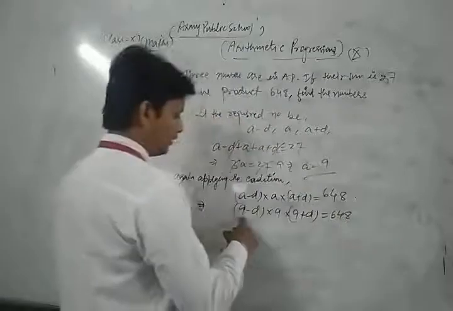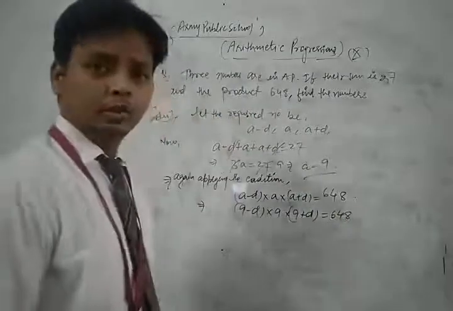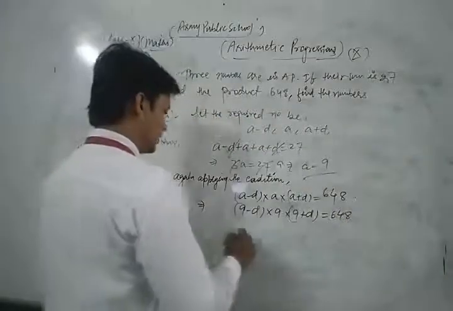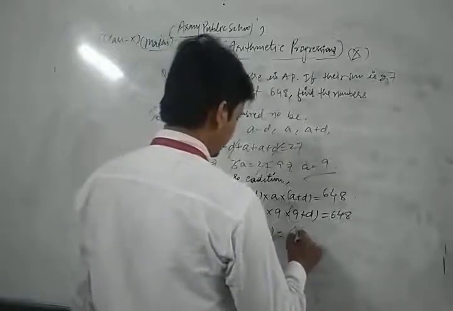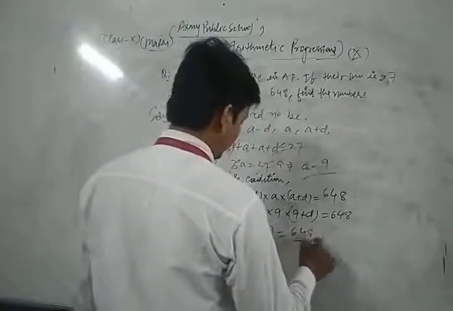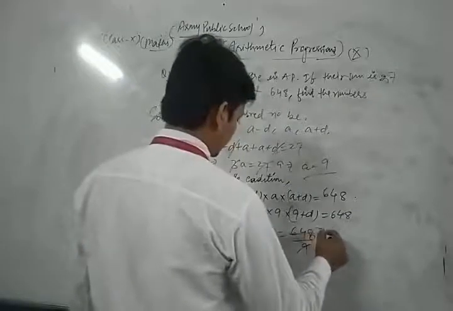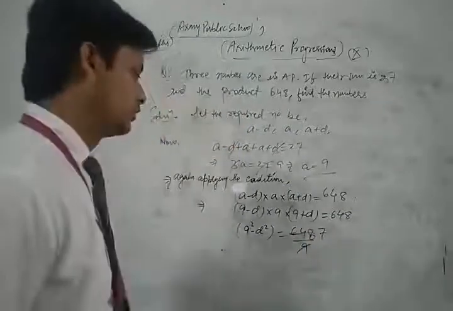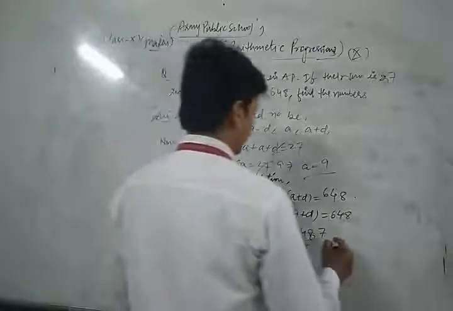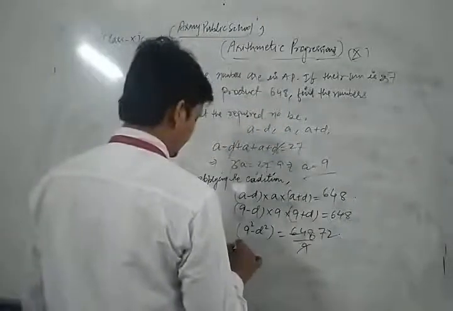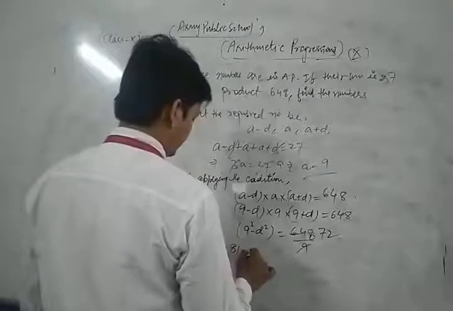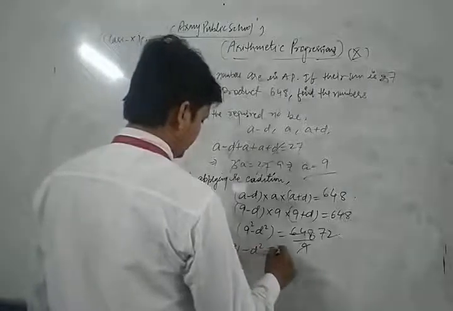Now this is the form of a minus b into a plus b, so we can write a square minus b square, and this is 648 divided by 9. Now 9 7s are 63, 9 2s are 18, we get 72. So 81 minus d square is equal to 72.